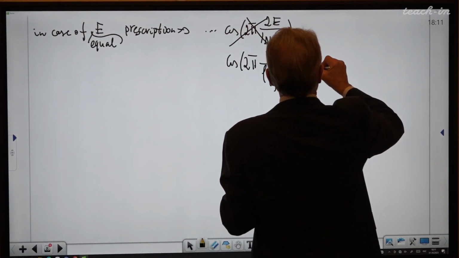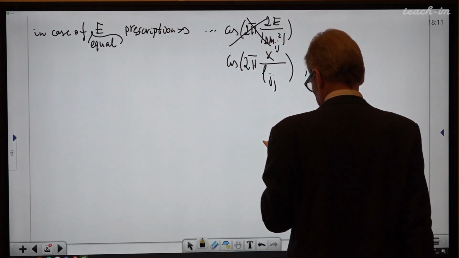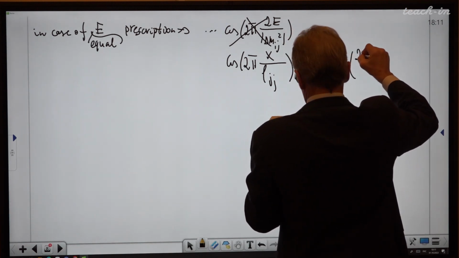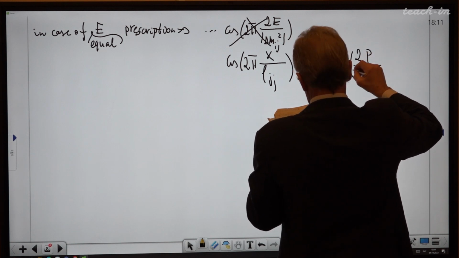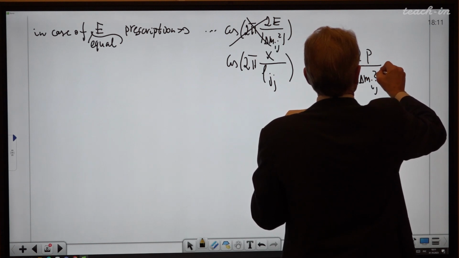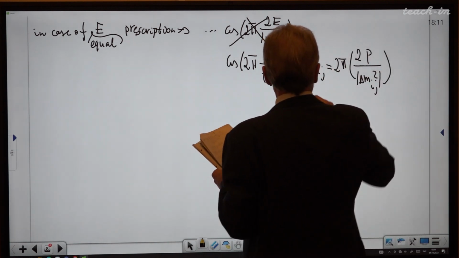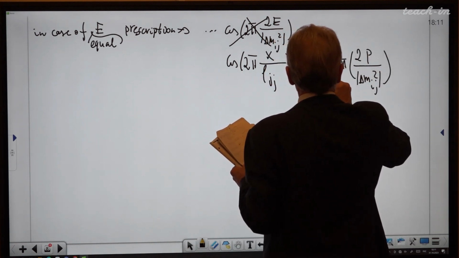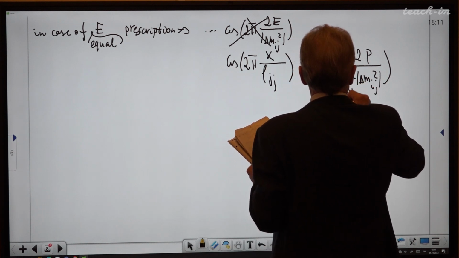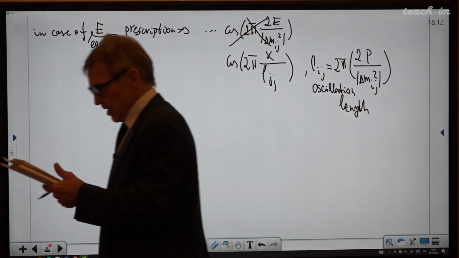This is L ij equal to what I have just written: 2 pi times 2 momenta divided by the modulus of the mass square difference. Okay, this is the oscillation length.